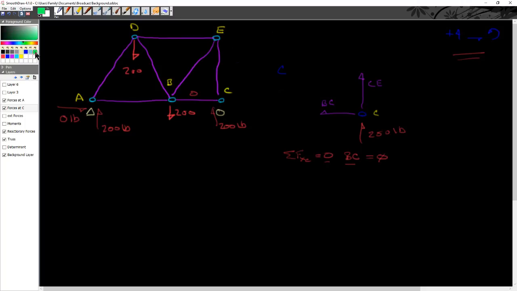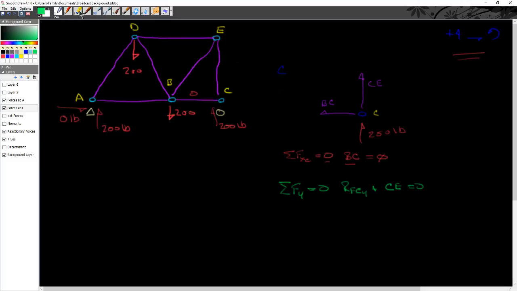And I'll do this one in green. This just says that the sum of the forces in the y direction has to equal 0. So what do I have working in the y direction? I've got the reactionary force at C in the y direction plus the force CE has to equal 0.